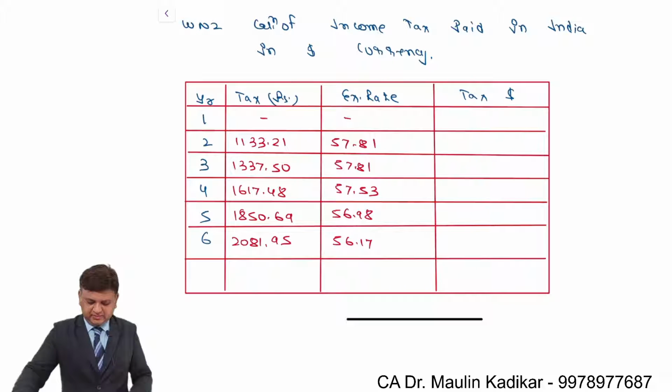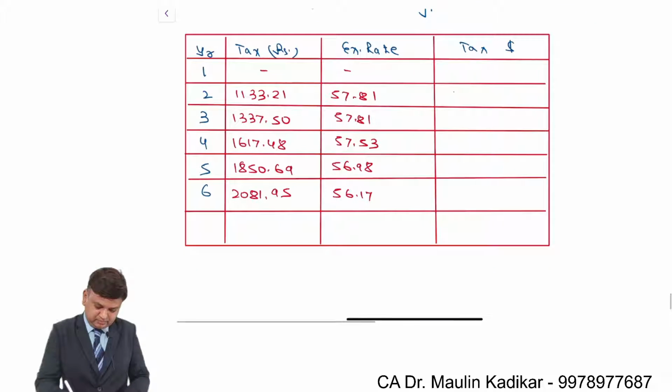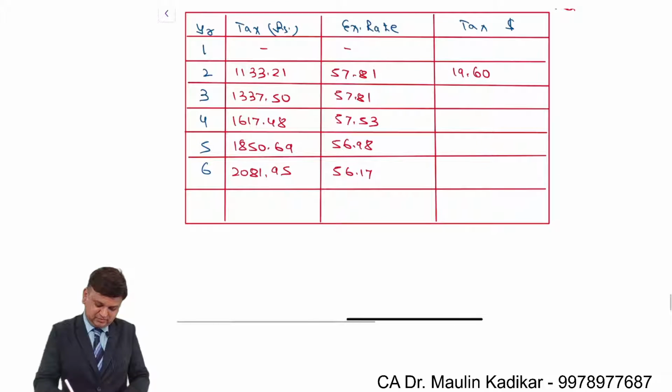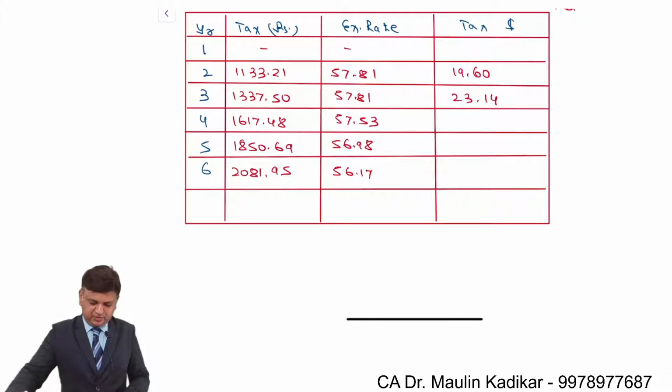So 1133.21 upon 57.81. So 19.60. 1337.5 divided by 57.81. So 23.14. 1617.48 upon 57.53.